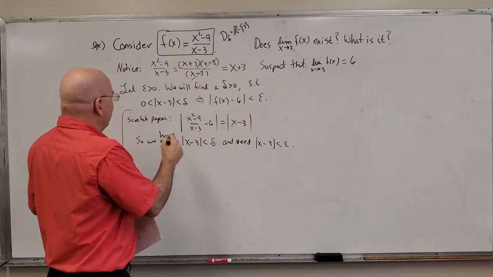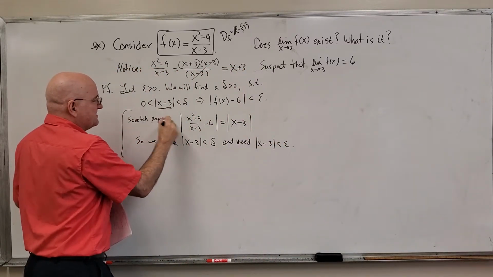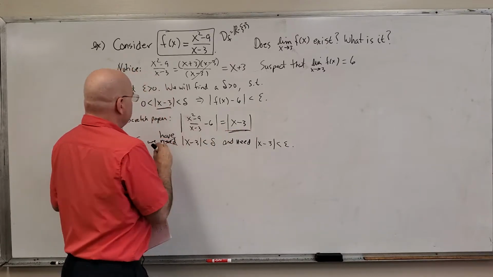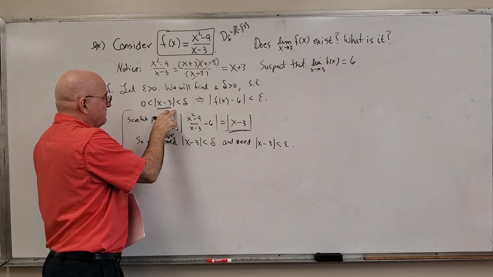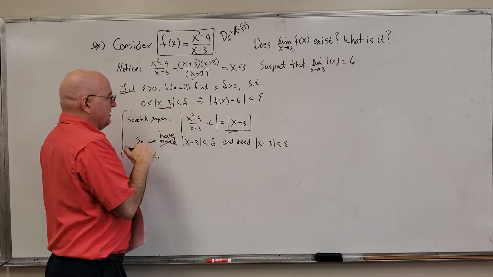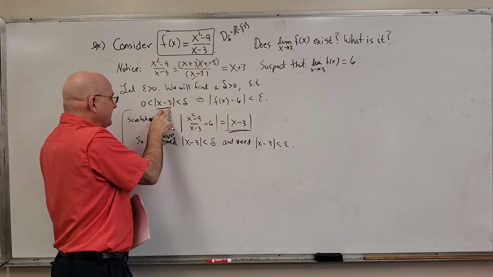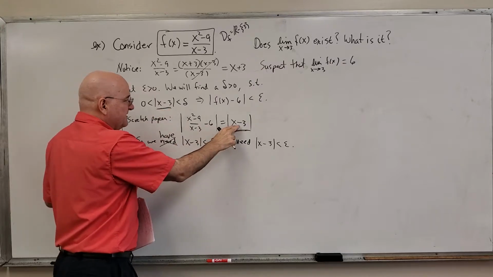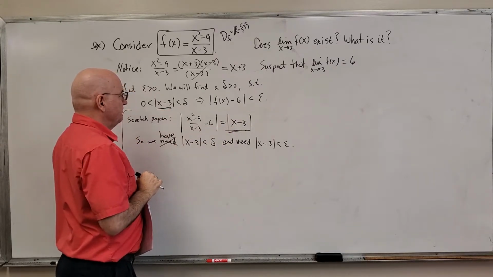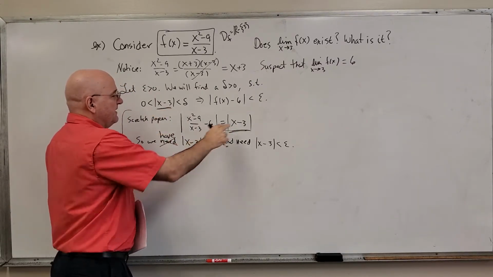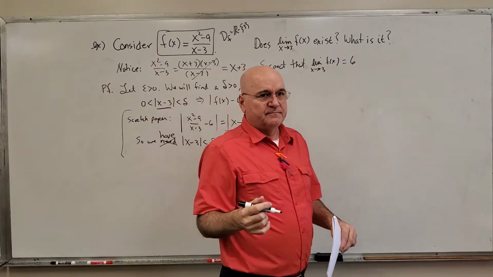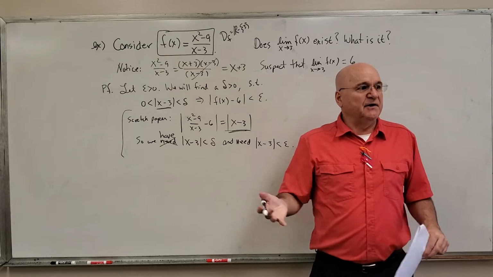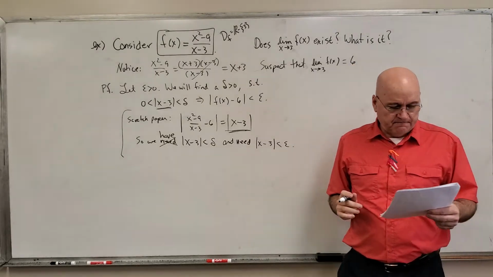And why is that? Well, it turns out that this is the same thing as this. After I did this algebra, it simplifies to exactly this. And I need this to be less than epsilon, given that it's less than delta. So we can just choose delta to be epsilon and it's going to work.